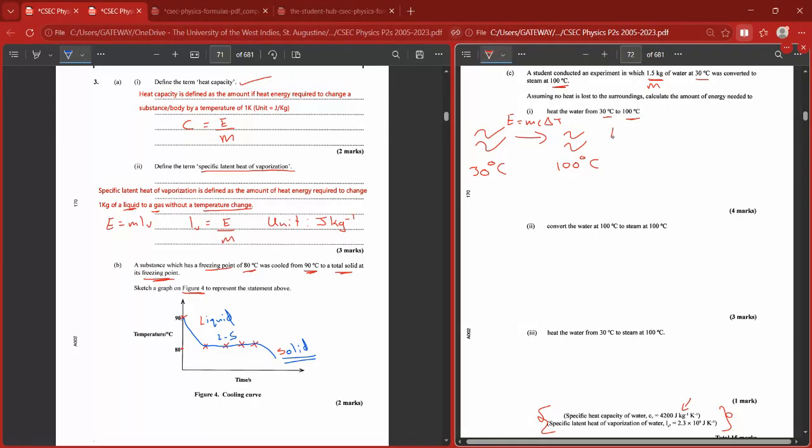So you have energy is equal to the mass, which is 1.5, multiplied by the specific heat capacity, which is 4,200, multiplied by the change in temperature, which is 100 minus 30. Let me just write that out.